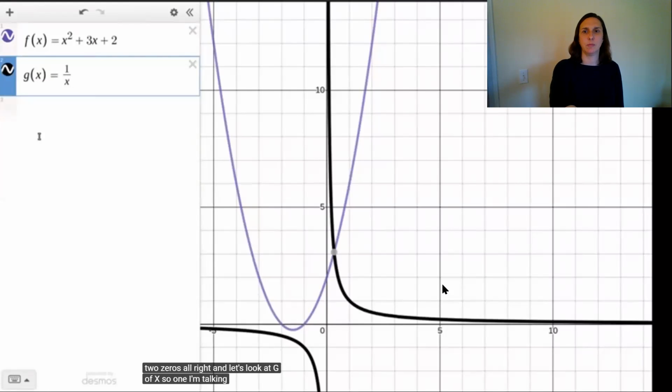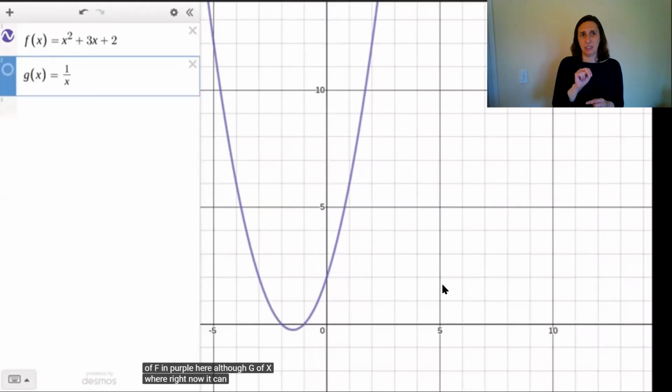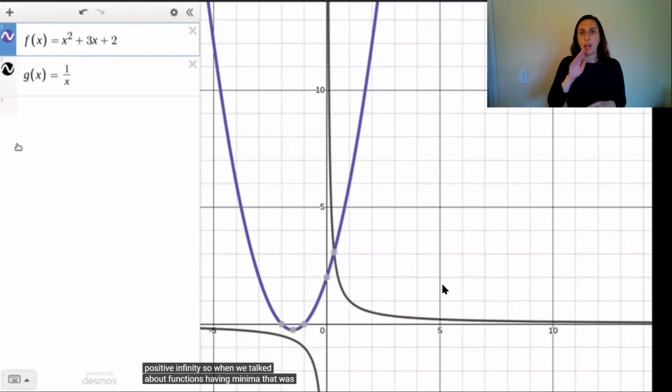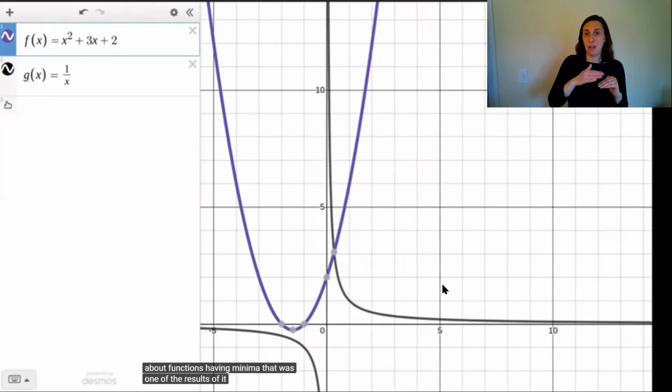So when I'm talking about the domain of f in purple here, I'll hide g of x for right now, it can take in its x values any real number. But when it spits out for its range, it has a smallest number and then shoots off towards positive infinity. So when we talked about functions having minima, that was one of the results of it.